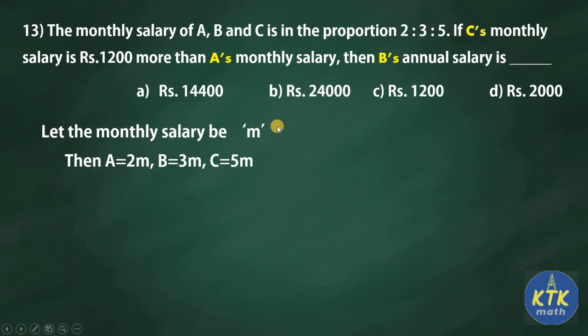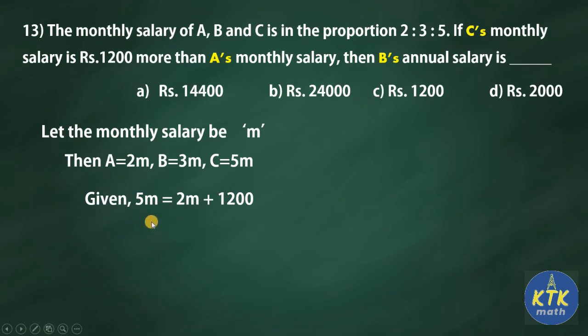Based on the ratios and the variable I am assuming, A is 2M, B is 3M, C is 5M. What they gave in the question is that C's monthly salary is 1200 more than A's. So I can frame an equation with that statement: 5M equals 2M plus 1200.